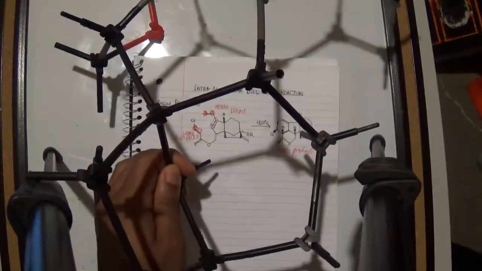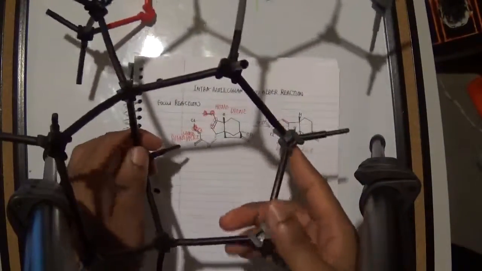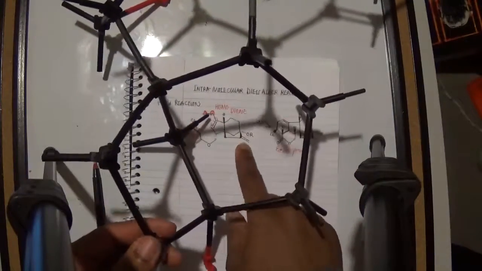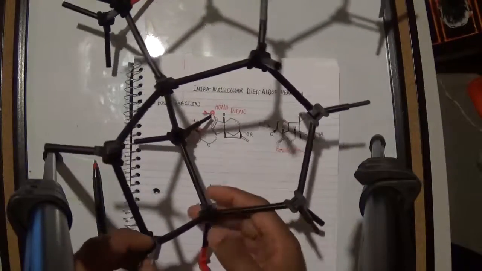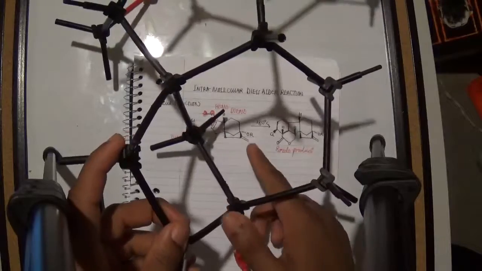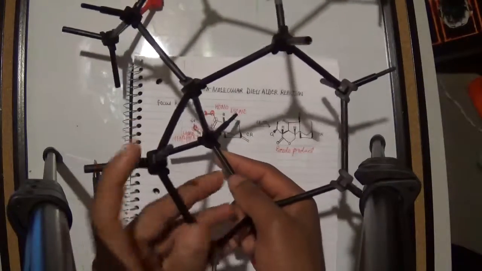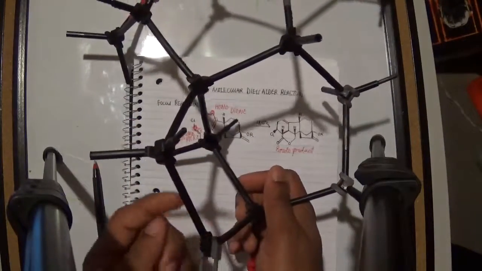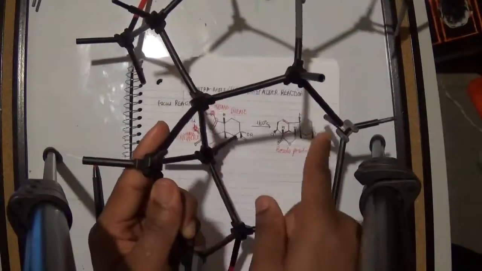What we have over here is this double bond, which is this particular point, and this double bond over there is the segment with these 5 carbon atoms, and we have these 6 carbon atoms over there.